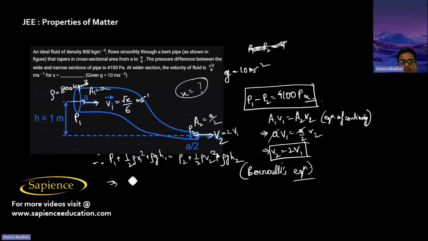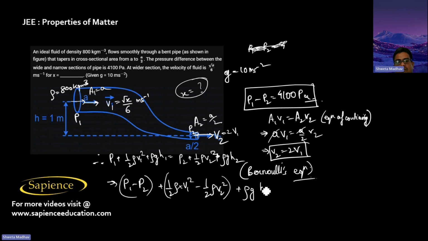Therefore, P1 minus P2 plus half rho V1 square minus half rho V2 square plus rho g into H1 minus H2 is equal to 0.